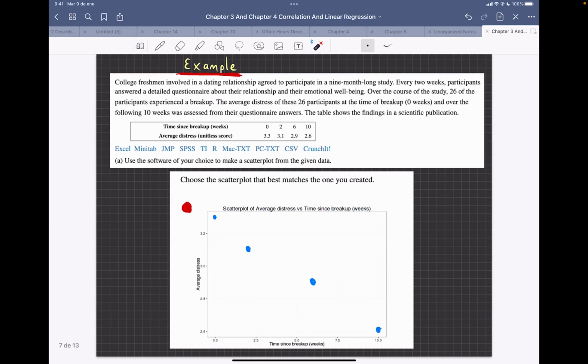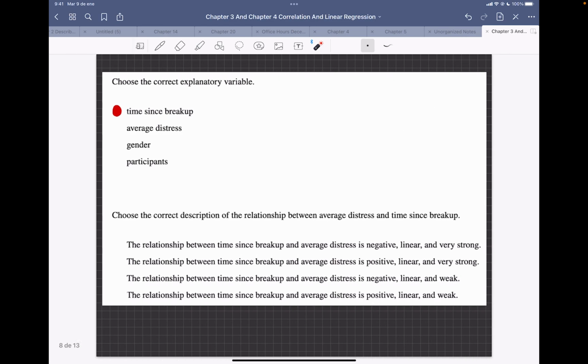Yeah, I know we haven't computed the correlation coefficient. If you want, you can compute it. It doesn't say here we have to do it, but I think we can model this situation with a linear model. I think it's very strong. It's negative. So I think the one is negative, linear, and very strong.